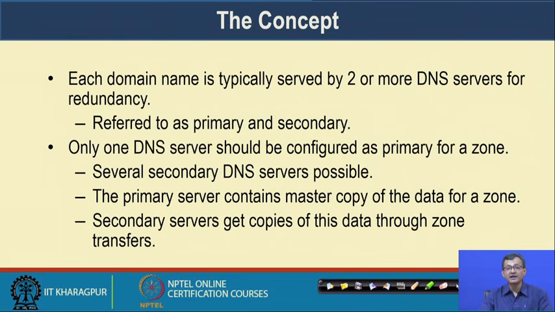Secondary servers can get copies of the data through a zone transfer. There is an intermediate process which goes on for the zone transfer and updates the secondary servers, right. There can be one or more secondary servers, but nevertheless the master record is with the primary, and the secondary server gets synced through the transfer of the zone from the primary to secondary.